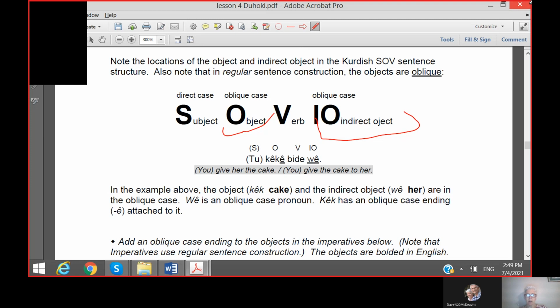So, English example, you, or without saying you, give her the cake. Or in English, we tend to say give the cake to her to show what our indirect object is. So in this case, cake and her is going to be in the oblique case.